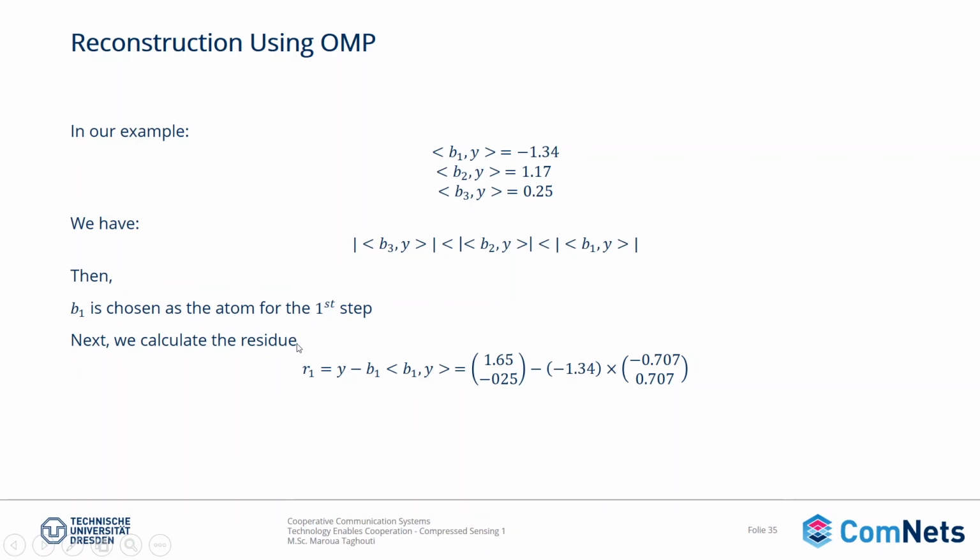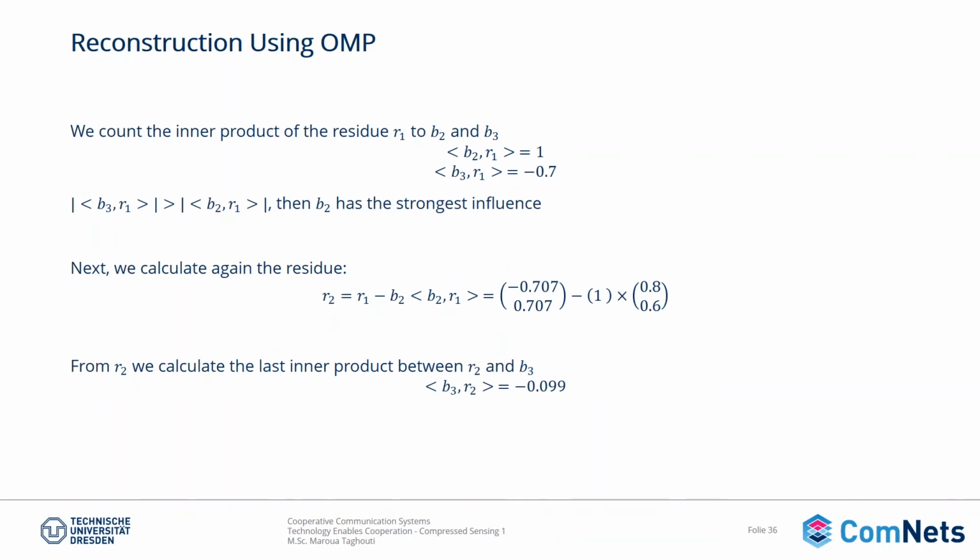And then next, we calculate this residue using the following formula here: y minus b times the inner product between b and y, and we get a certain value for R1. Then, next step, we have to compute the inner product of the residue R1 with the remaining atoms, which are B2 and B3.